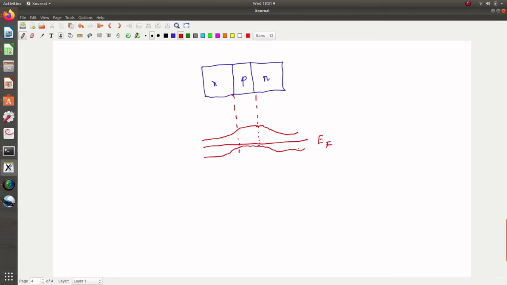So this forms the band diagram of an NPN transistor.